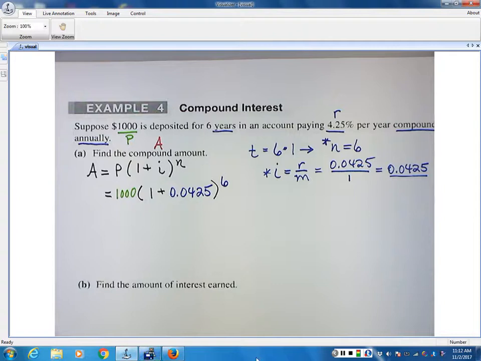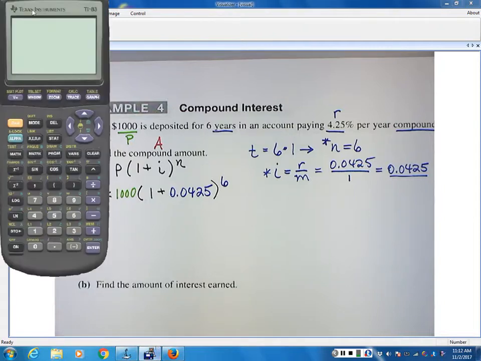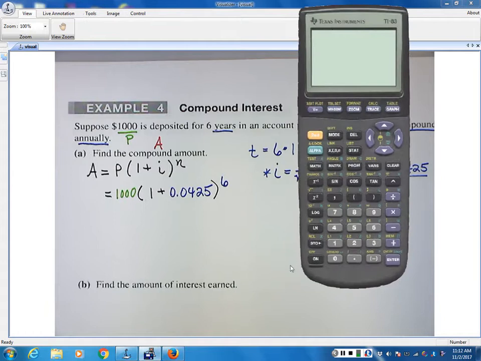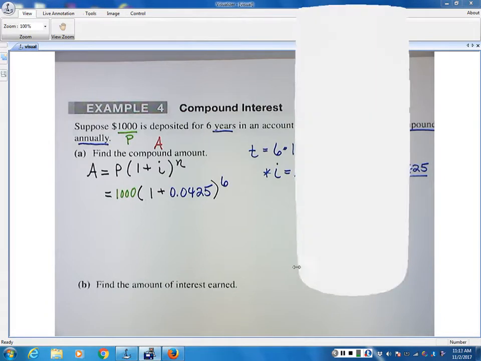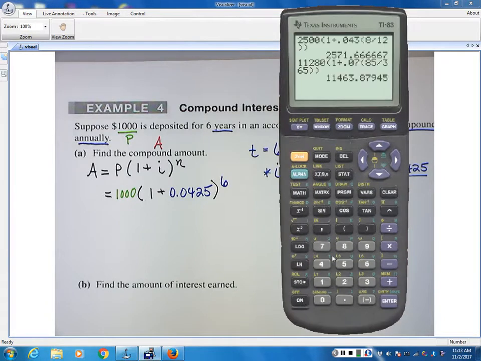So we're going to calculate A. 1,000 times 1 plus 0.0425 raised to the power 6.